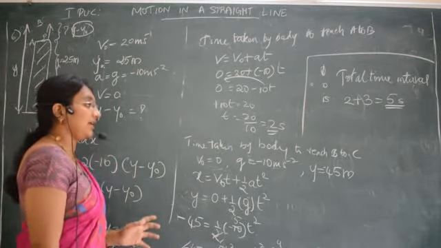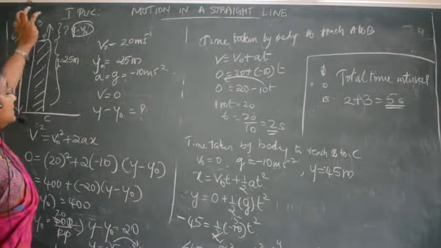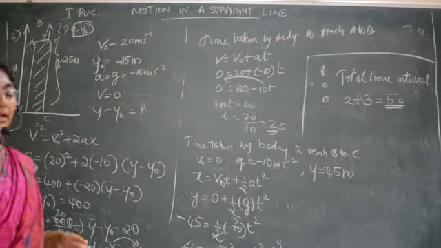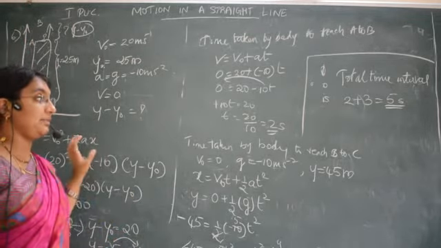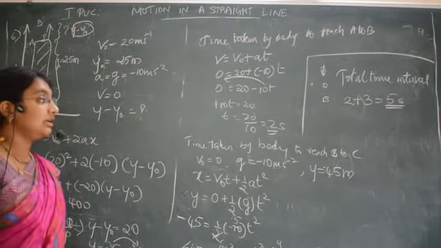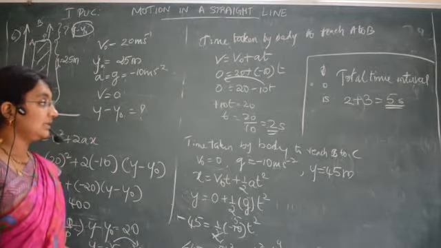Starting from A, it reaches B, then it reaches the point C. So the total time taken by the body to reach point C is 5 seconds. Understood? Is it difficult? It is simple, correct?